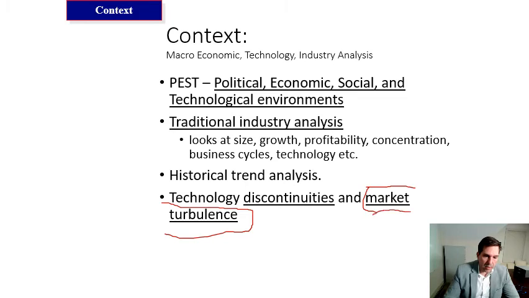So market turbulence. Or sometimes you have technological discontinuities. That's when somebody comes up with something technologically that is a lot better than what's been in the past. So whenever a car manufacturer launches solid-state batteries instead of lithium-ion batteries, there's going to be a huge leap in the range of the cars, and hopefully a drop in the price of the cars as well.